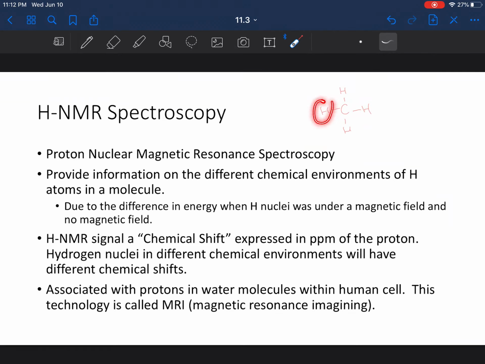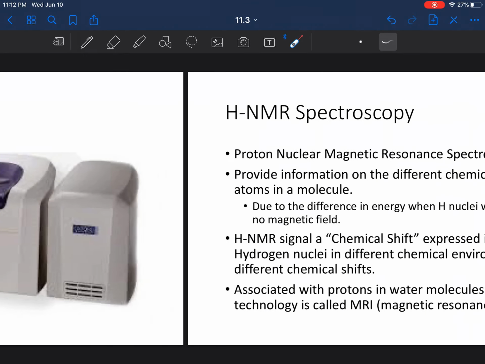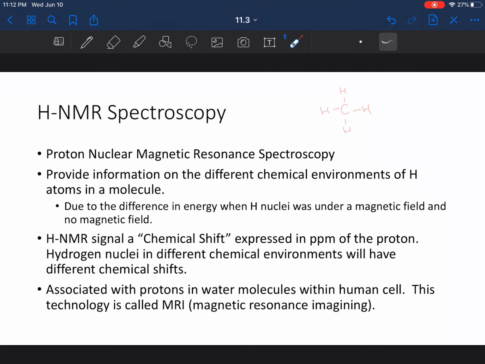This hydrogen is connected to this carbon that is connected to 3 other hydrogens. You can say the same thing about this one, this one, and that one too. So all 4 of these hydrogens are in the same environment. Therefore, if you're looking at this computer, you will get one peak, because there's only one environment.